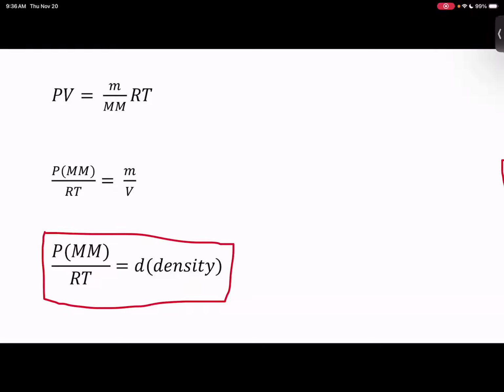Lots and lots of variables that we have discussed since early in the semester. We discussed density, and we now have another equation for calculating the density of a gas.